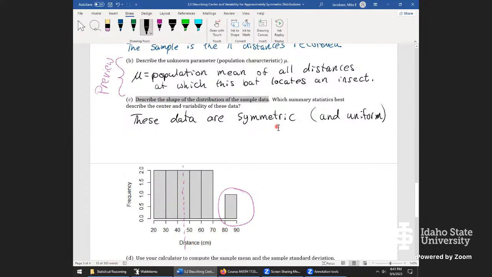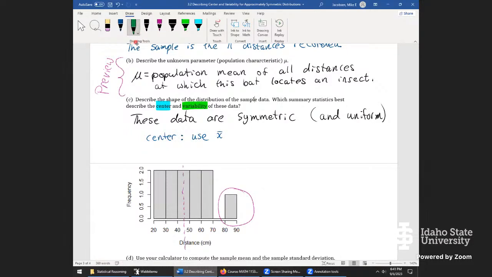Okay, and one thing I need to do myself is definitely read the question. There's more to it. Now that we said what the shape is, we want to know what summary statistics best describe the center and variability. But if we're dealing with symmetric data, we always say for center, use X bar, which is the sample mean.